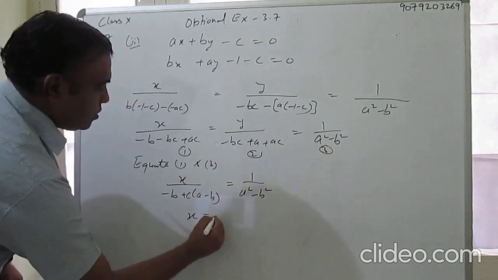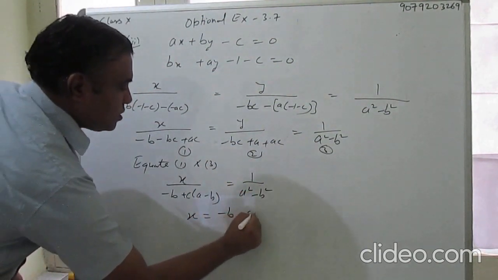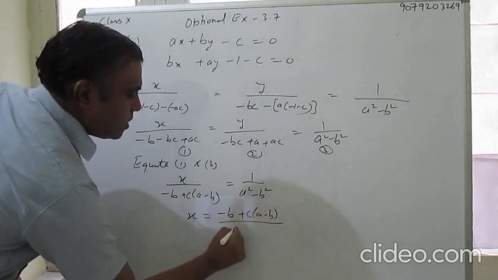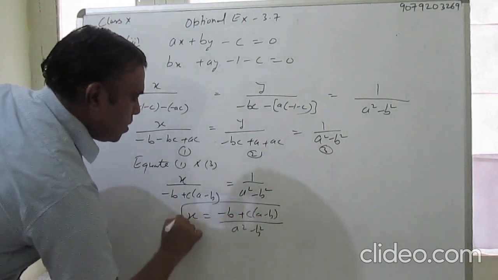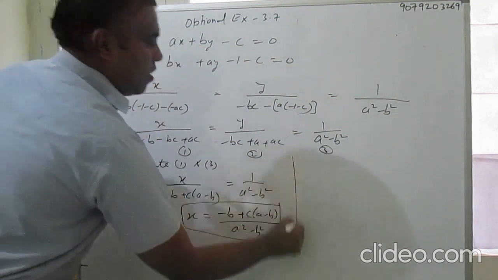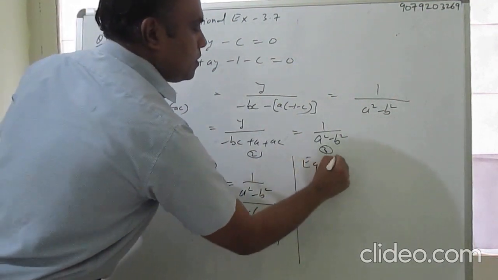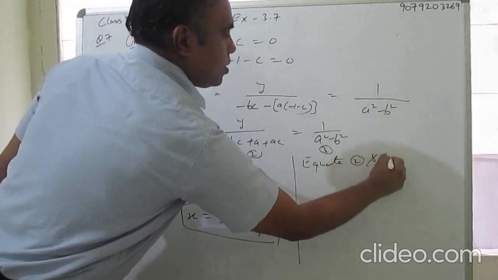So x is equal to minus b plus c into a minus b upon a square minus b square. This is x. Now equate 2 and 3.